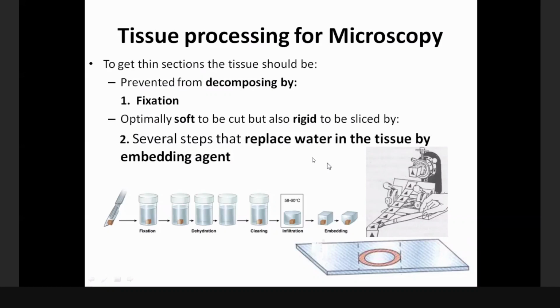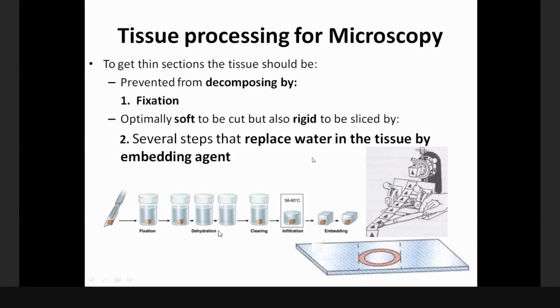So what we do is first extract the water by agents that are able to dissolve in water. Then, once the agent has removed the water, we remove it by a medium that is able to be replaced by wax or plastic. That's what the next steps are.